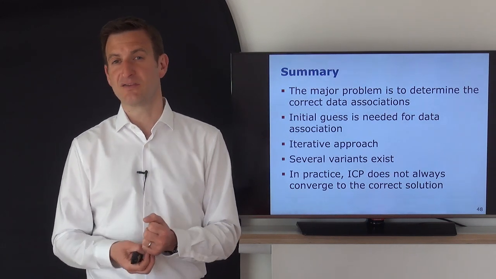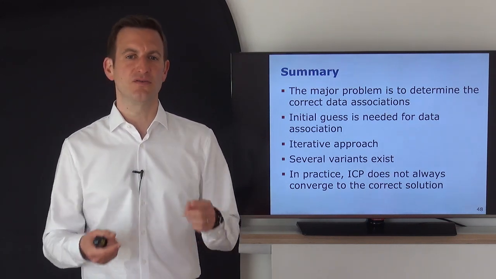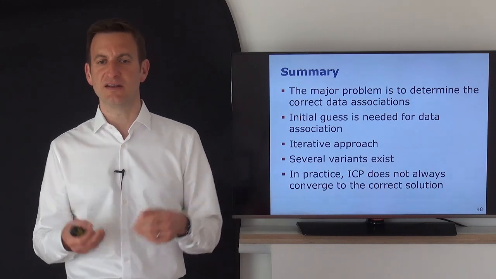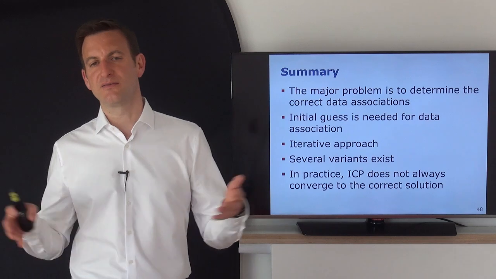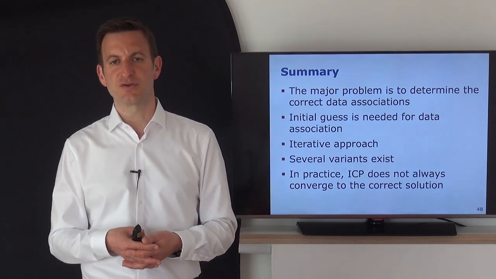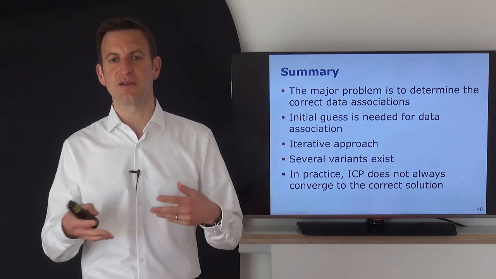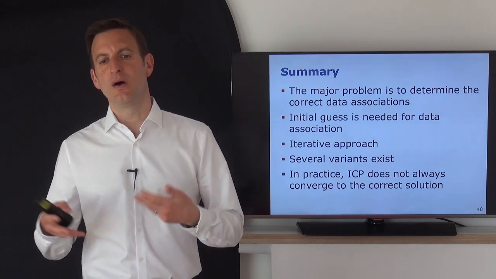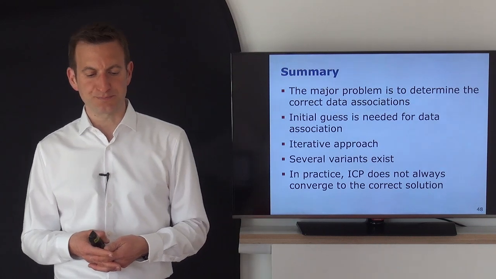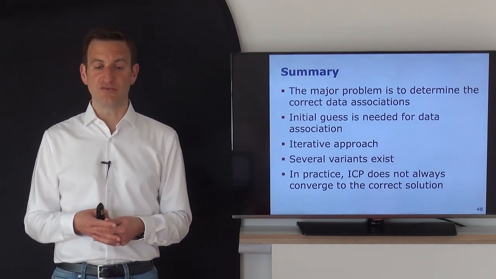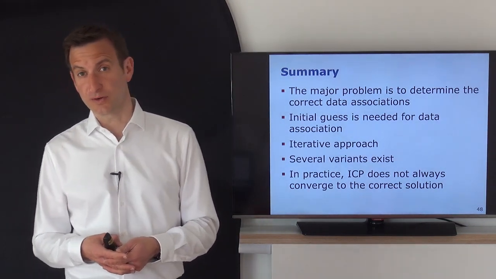Several variants of the ICP exist, like point-to-point, point-to-plane, projection-based techniques, different outlier rejection techniques, all the things that we have discussed. And there's a full zoo of different approaches and also a few good overview papers which tell you in which situations you may use what, or what has been shown in a lot of practical examples to work quite well. In practice, we have to say ICP does not always converge to the correct solution.